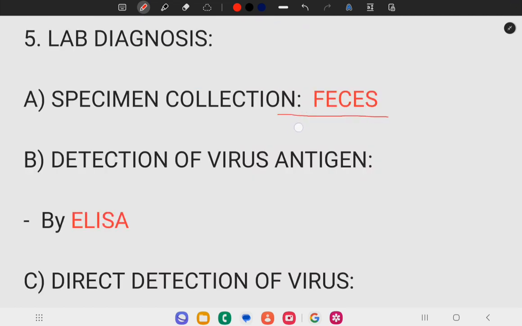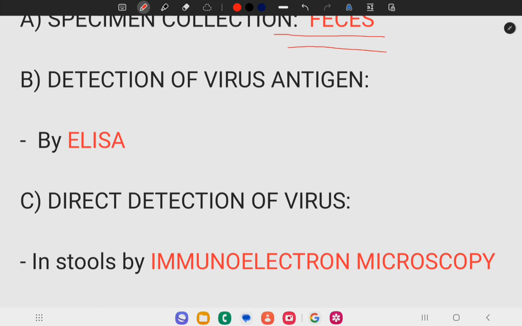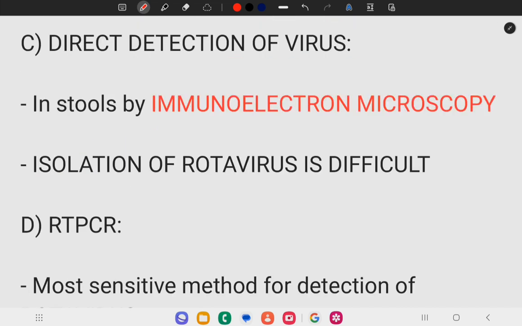The sample collected is feces of the patient. Virus antigen is detected in stool of the patient by ELISA. Virus can be detected directly in stools by immunoelectron microscopy.